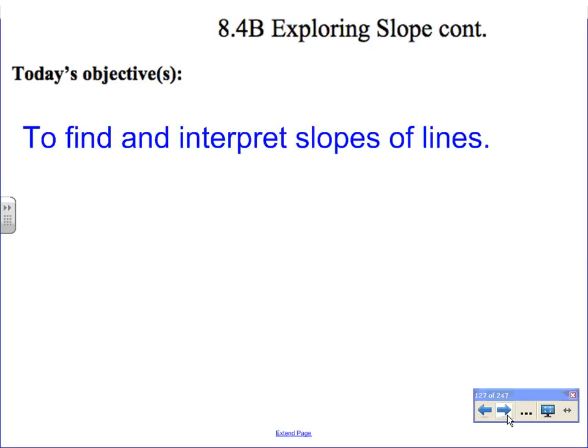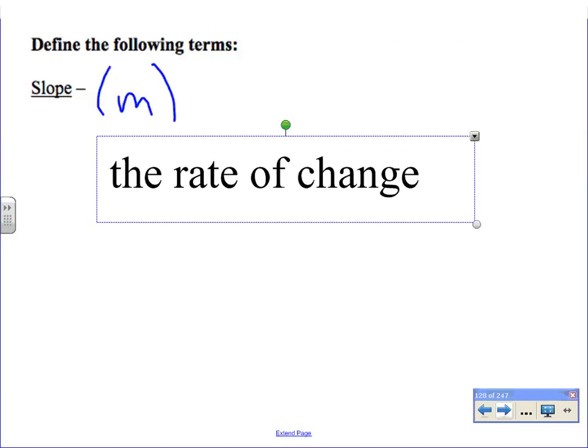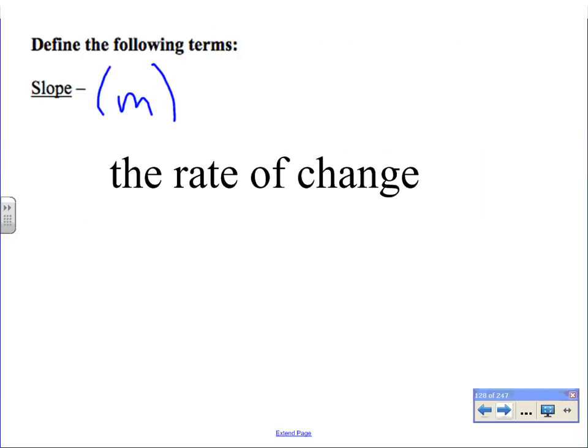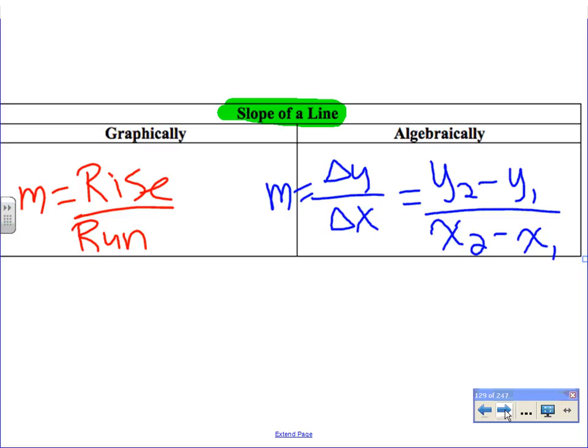8.4b, we're still using slope, but now we're going to find an equation. So, slope is the rate of change. Another definition for slope, which you learned, is rise over run. That's what we just did.